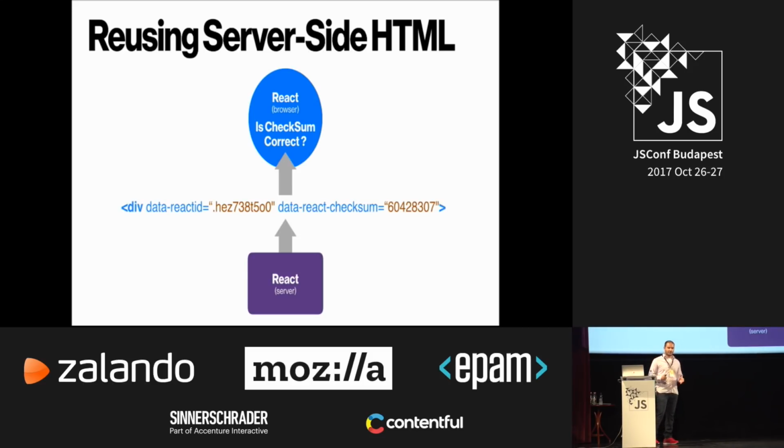Not a real DOM, but virtual DOM. And will generate another checksum. And if these checksums are the same, that means that we can reuse the existing HTML and will not have to change the DOM elements at all. This is pretty important for many performance optimizations, and also it reduces UI flickering that you might see when DOM is changed after JavaScript is initialized. I think it's one of the really cool features of React.